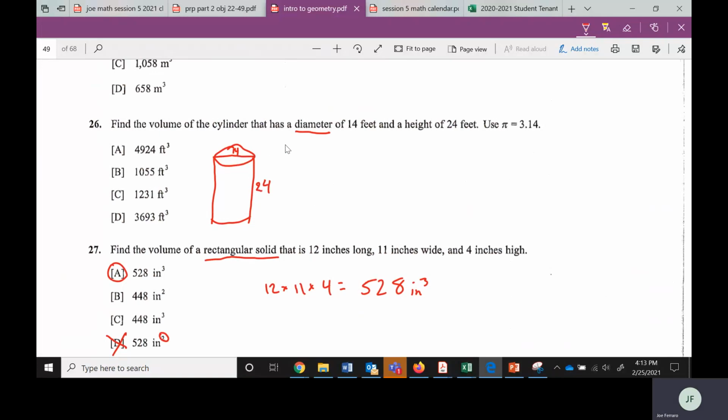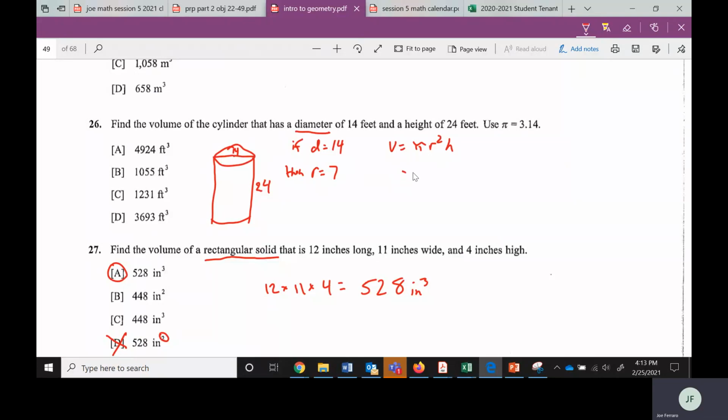Okay, so diameter equals 14, radius is halfway. So there to there. So the radius would then be 7.